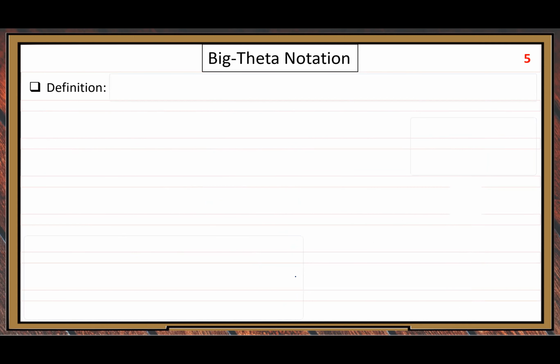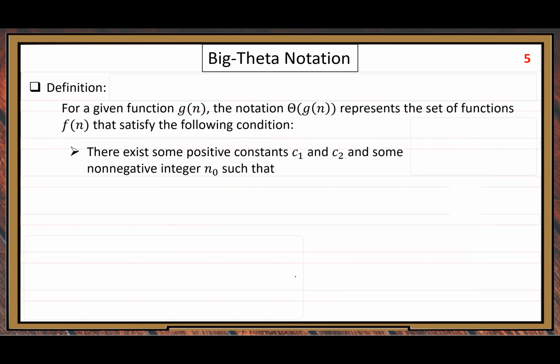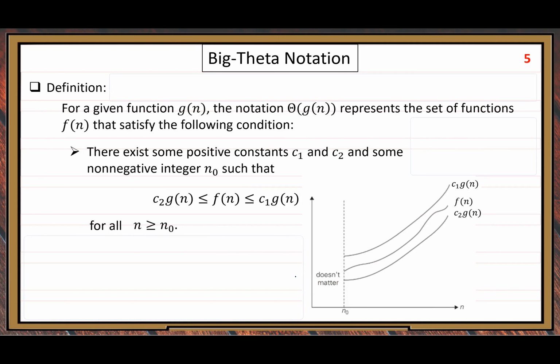So the big theta notation, we just write a version with two constants, C1, C2, and also N0 constant. And this time we have both the lower bound and upper bound when n is sufficiently large. And the graph is like this, upper bound, lower bound. Pretty straightforward.